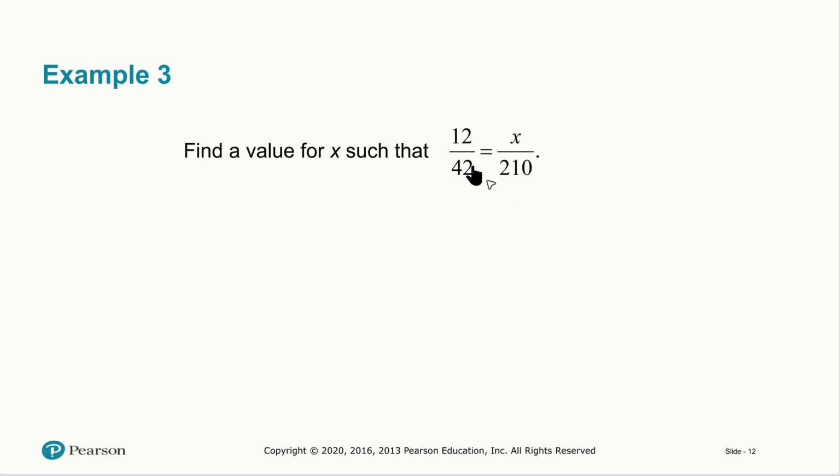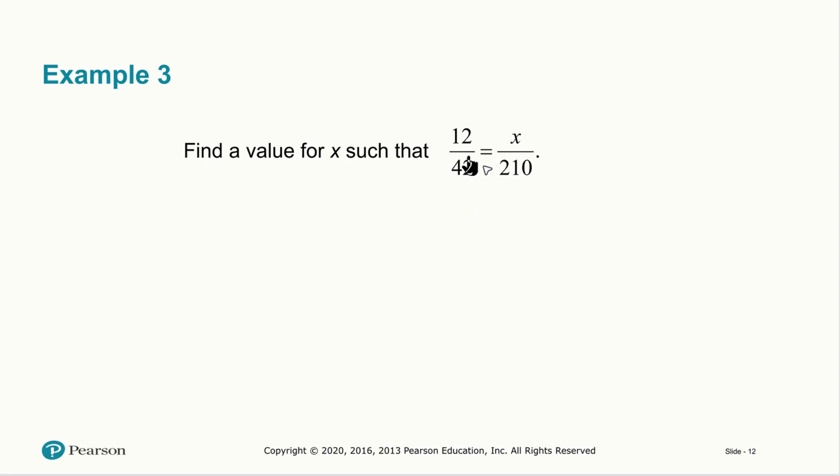Then I'll take that number and also multiply it by 12, and I'll find out what x is. So the first thing we'll do is find out what you need to multiply 42 by to get 210. And of course, if you think about it, 40 times 5 is 200, and 2 times 5 is 10. So that's basically going to be 5.